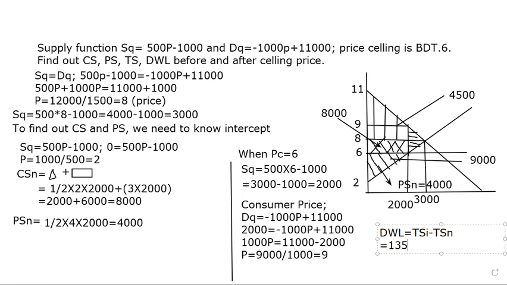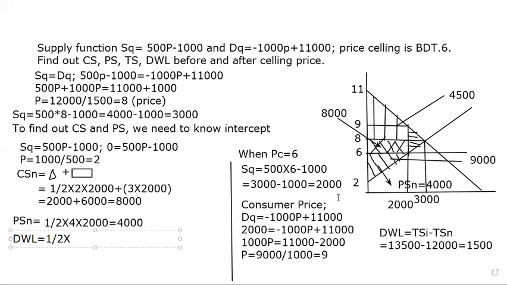First of all, total surplus 13,500. Now we have 12,000. That's equal to 1,500. But you can also use the deadweight loss formula to calculate it, and it will verify it, 1 by 2.